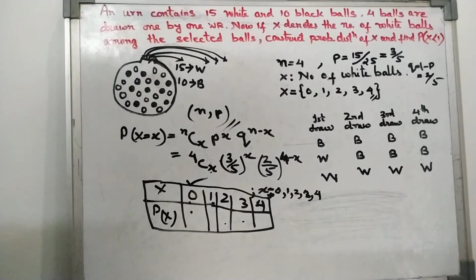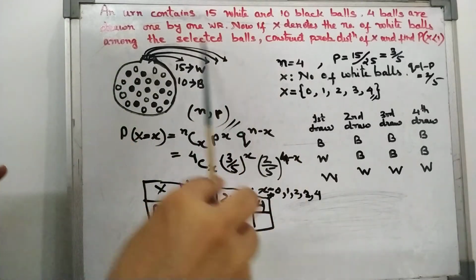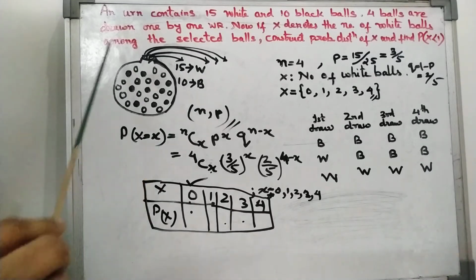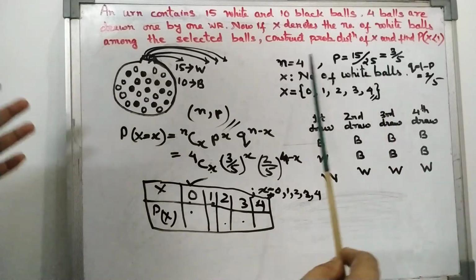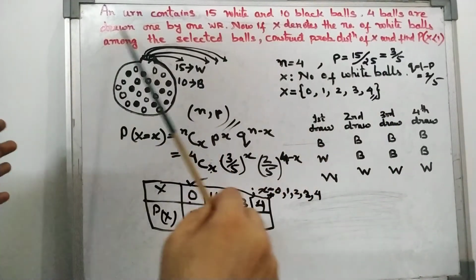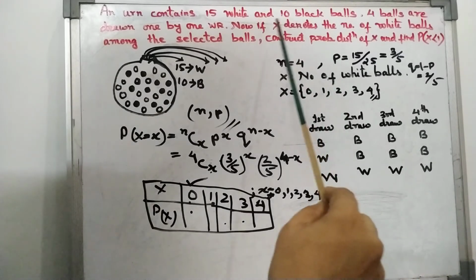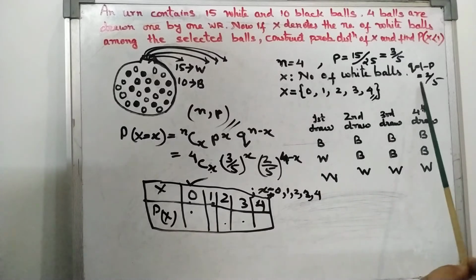Very simple. Whenever you get a question, first try to picturize it, what it is saying. Here I have drawn a picture, and since it is repeated 4 times, write down the values given in your question. Here n is given as 4, and x is also given, x denotes the number of white balls, so you write it first.